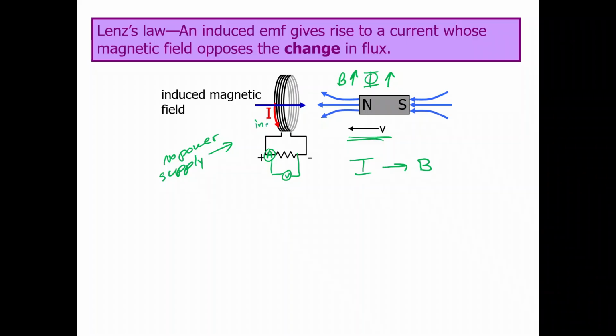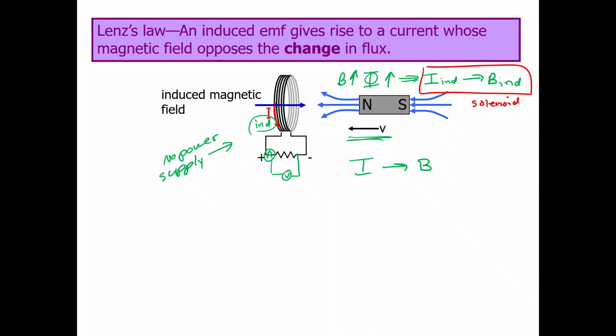This I here is induced, being caused by the change in flux. That I induced is then creating a magnetic field, and these loops over here are for my solenoid.